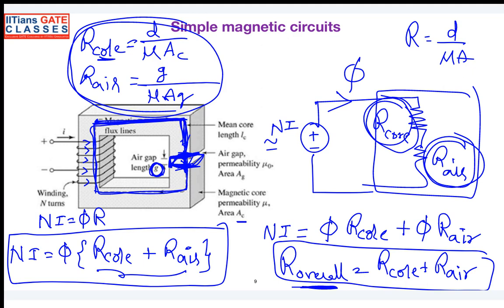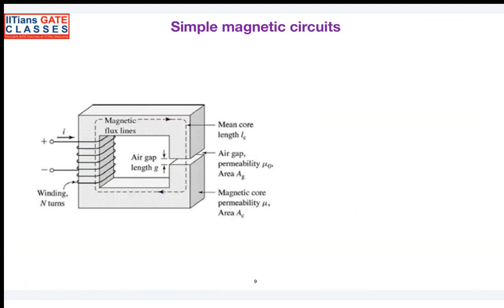Why is the length of the core called the mean free length? The mean free length basically represents the length in which the magnetic flux is confined. See here, when the magnetic flux is generated here, it will flow here and it will flow here and it will come here. As far as the core part is concerned, again it will start from here and go here.